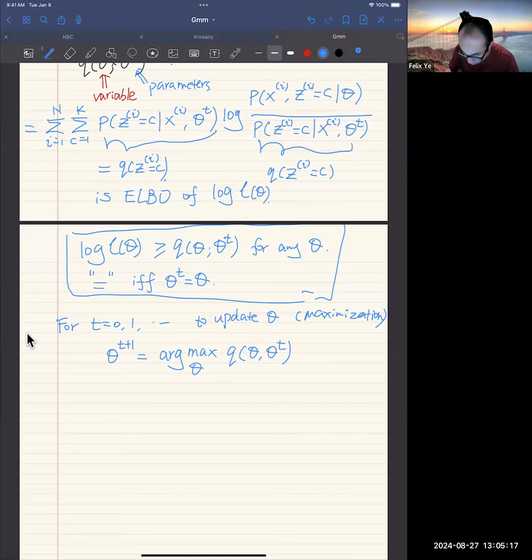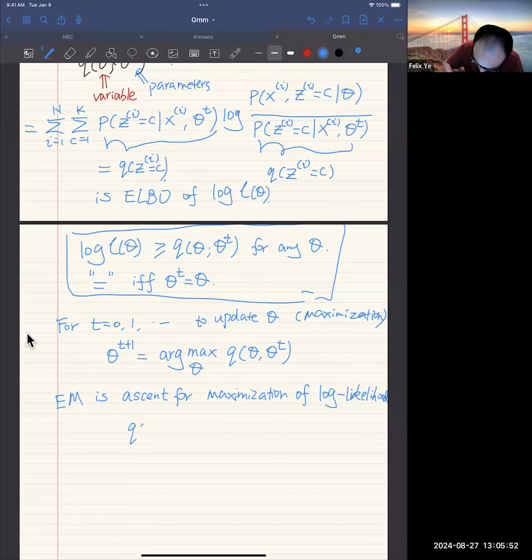Why is maximizing this Q function equivalent to maximizing the log likelihood? Because we can prove as follows. This EM is ascent for maximization of the log likelihood. So what does that actually mean?